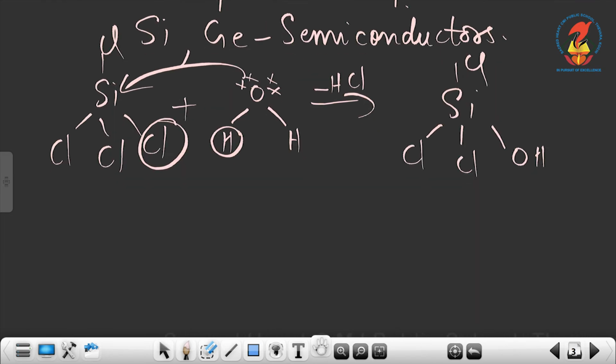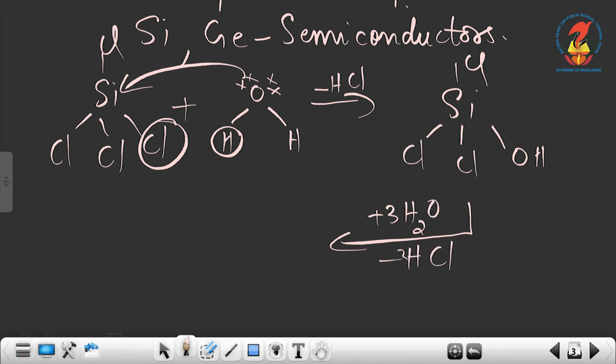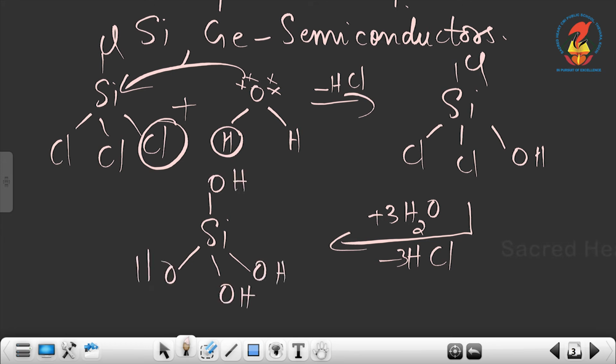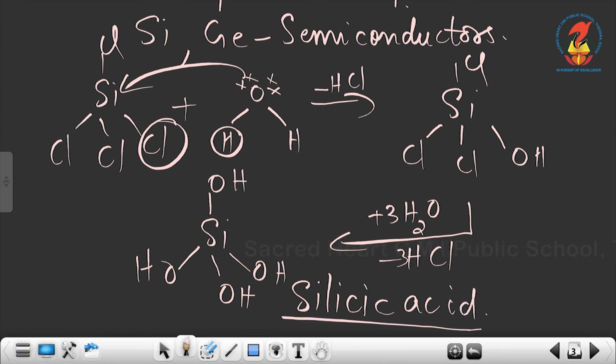Now, we have 3 chlorine which can be replaced by OH group. So, we can show in the next step plus 3 H2O. In each step we add water, and minus 3 HCl. HCl is removed, and the final product that you get is where all the chlorine gets replaced by OH group, and the name of this compound is silicic acid.